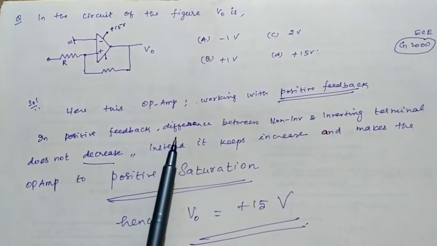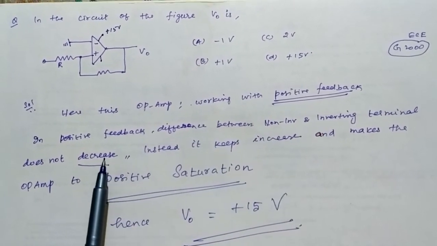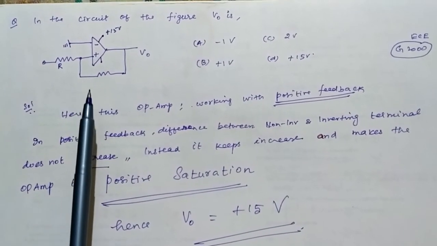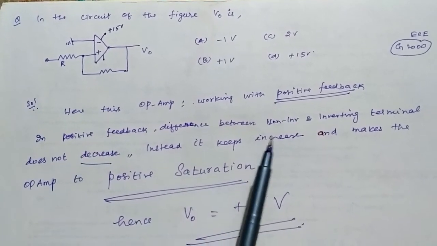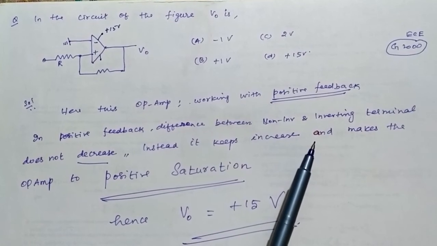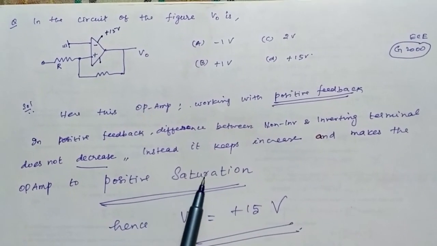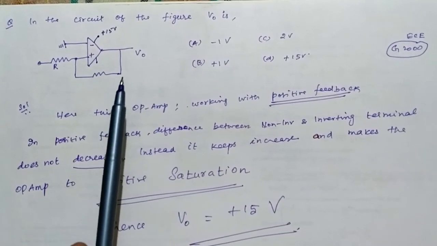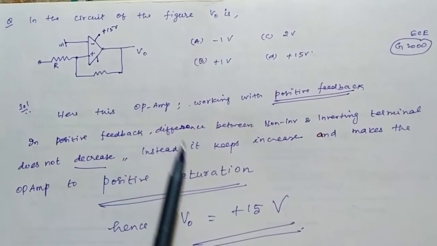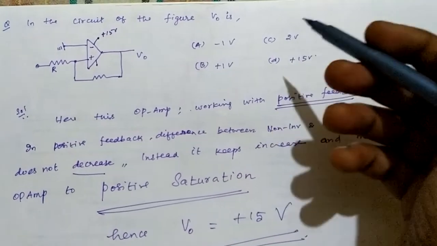In positive feedback, the difference between the inverting and non-inverting terminal voltages does not decrease. It will keep on increasing until it reaches positive saturation. The positive saturation is given as 15 volt. So the output voltage is plus 15 volt.